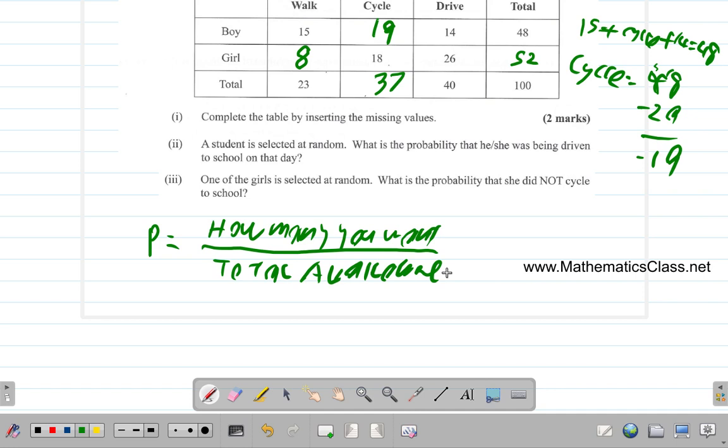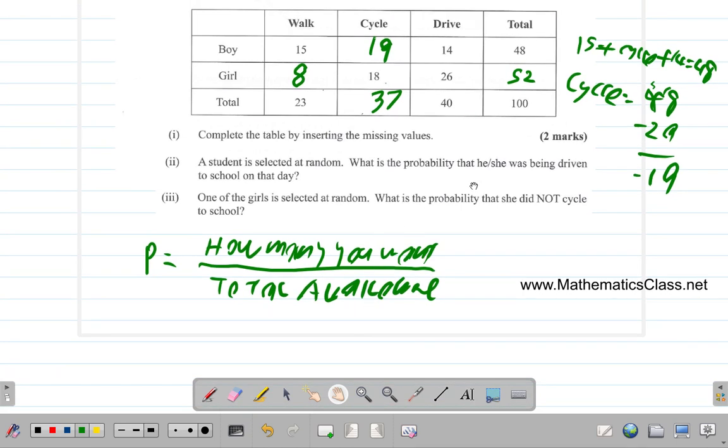So the total, everything, including how much you want, everything available. So, the probability that he or she was being driven to school on that day. You tell me what you get. Work it out and write it down.